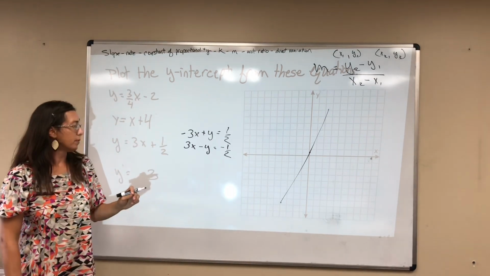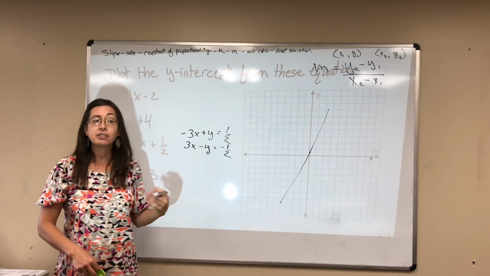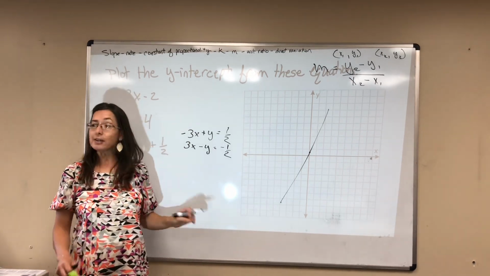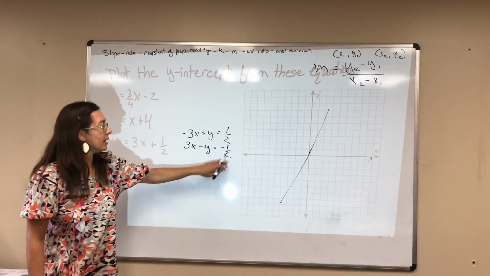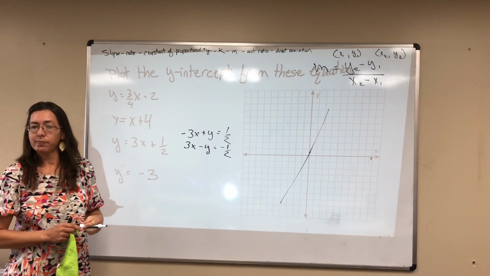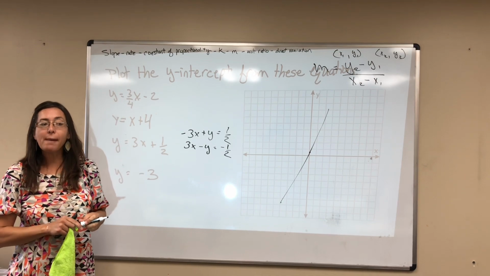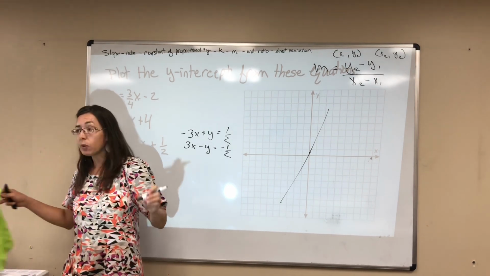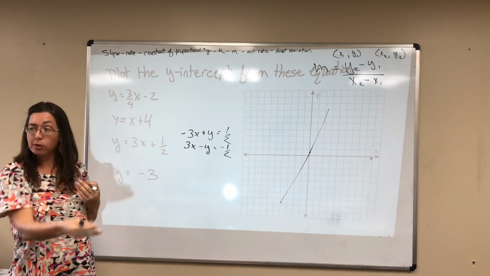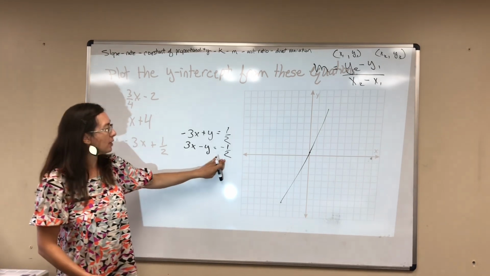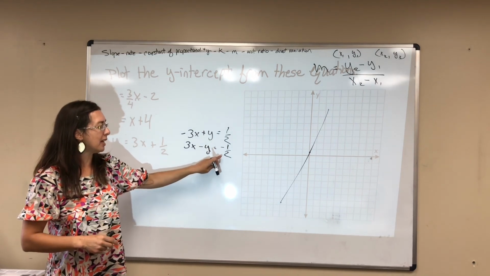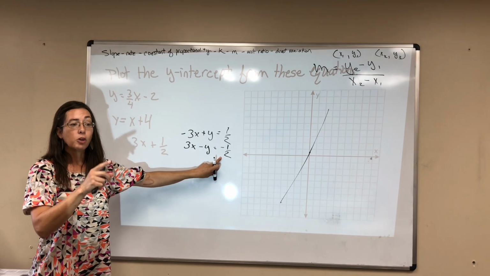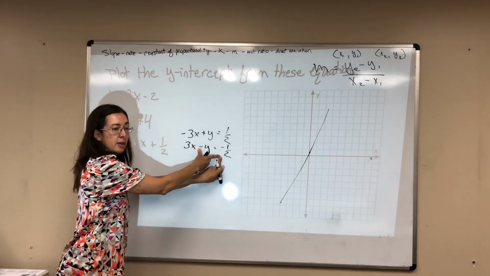Okay, now, there are some people that in standard form don't like any fraction ever, no matter where it's at. How can I get rid of this fraction? What math rule could I use? Remember, we can do anything to any equation as long as we do it to both sides. So how would I get rid of a 2 on the bottom? A 2 that is divided. You'd multiply by 2 over 1.